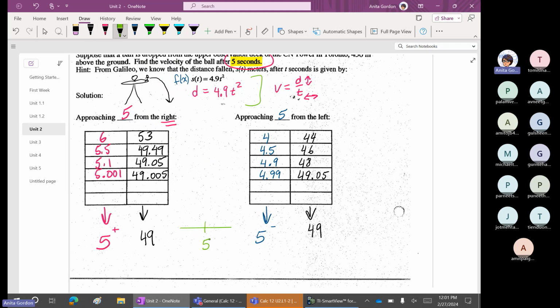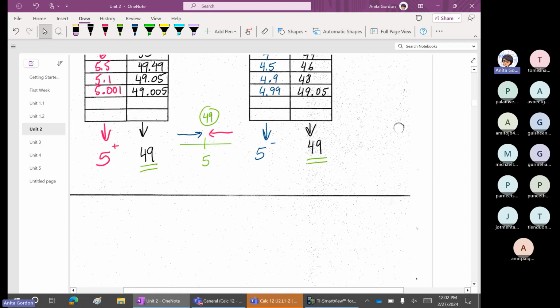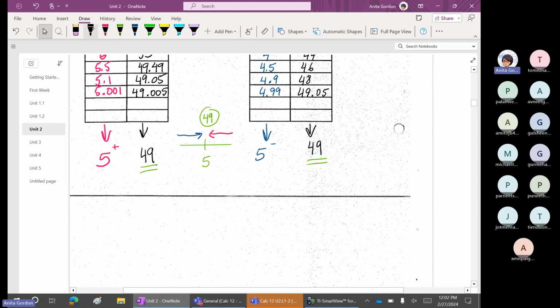So this approaches 49. What this is telling us is that on the number line where 5 is, as we approach from the left and as we approach from the right, we are from both sides approaching the number 49. Okay, so that is telling us that the derivative, the slope at that point, is going to be 49. So how am I going to write this?